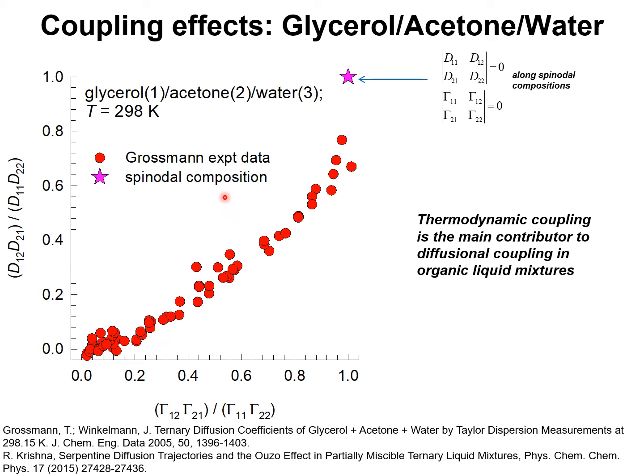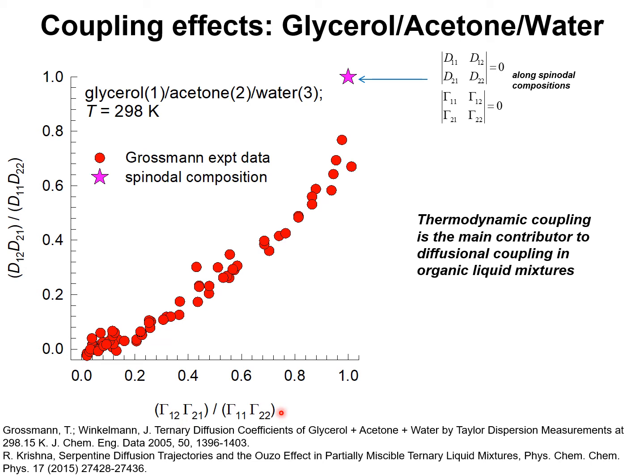The entire set of experimental data of Grossman for the elements of the Fick diffusivity matrix in the homogeneous phase regions of the ternary mixture glycerol, acetone, water are replotted in this diagram. The y-axis represents the relative coupling effects of the D matrix, and this is expressed as the product of the cross coefficients divided by the product of the diagonal elements.